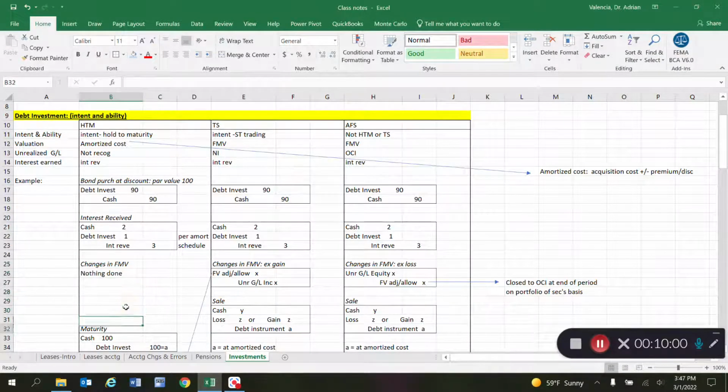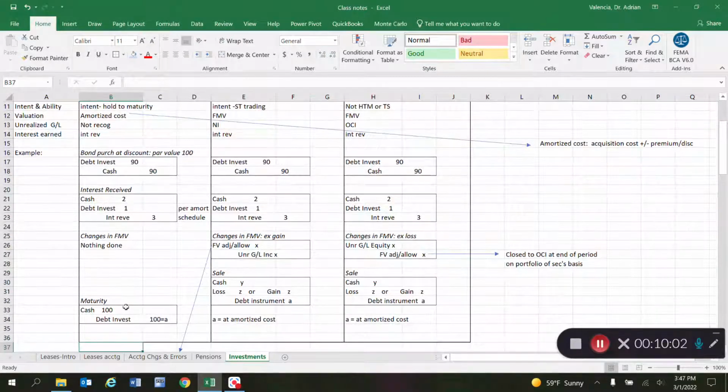So in a very simplified world, when the bond matures, I will have amortized each one of these dollars until we get to $100 carrying value, and that's when I will receive cash from the issuer of that bond. In other words, I will be receiving my cash back from that debt investment.